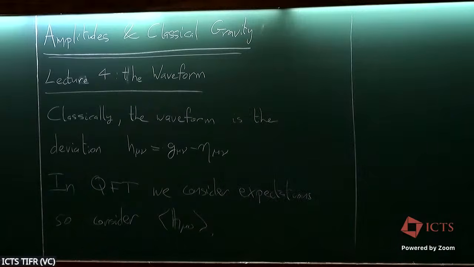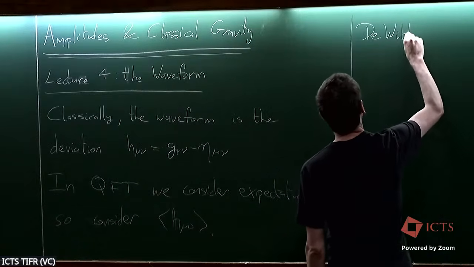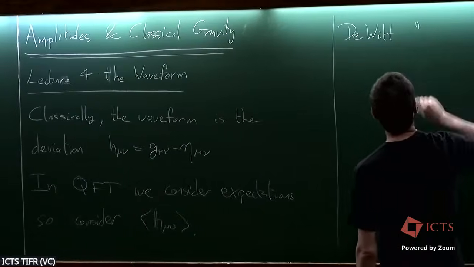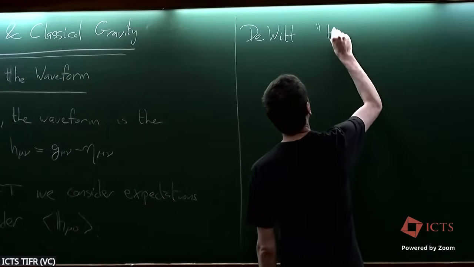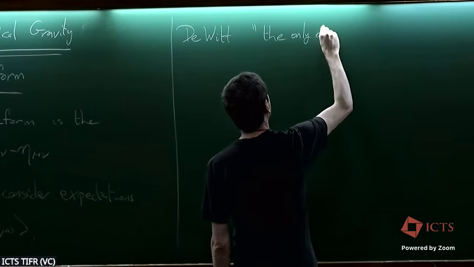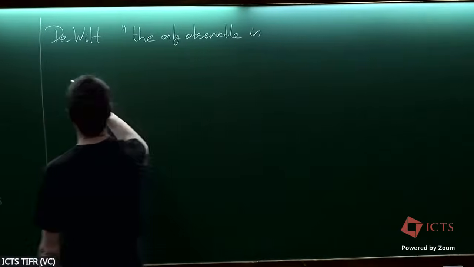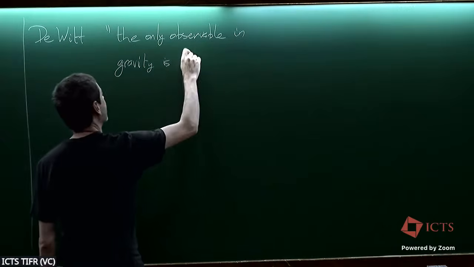Okay, now, there's a saying in quantum field theory, which goes back, it's my understanding, to Bryce DeWitt, one of the early people who studied gravity as a quantum field theory. And the slogan is, I'm probably grossly abbreviating it here, that the only observable, let's say just in gravity, is the S matrix.